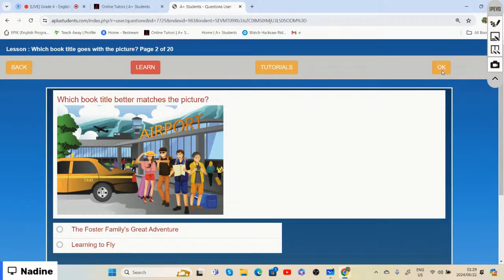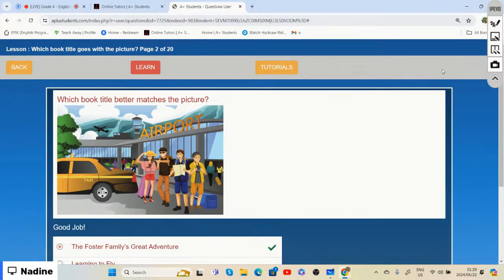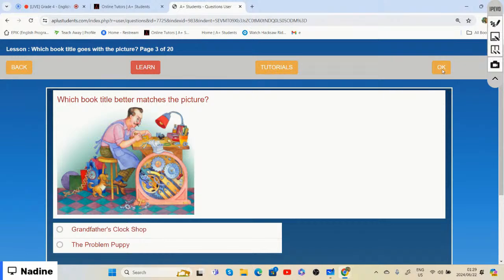If we choose the correct one, we can say it is The Foster Family's Great Adventure. They are going on a holiday, a weekend away, a holiday trip or vacation.